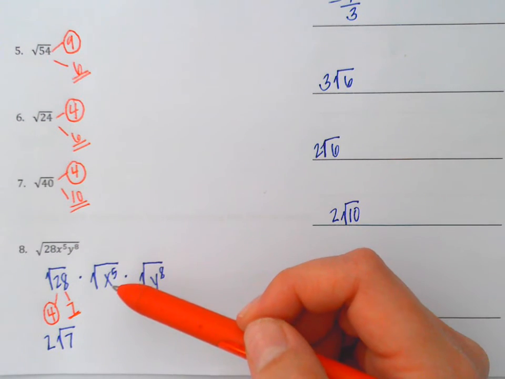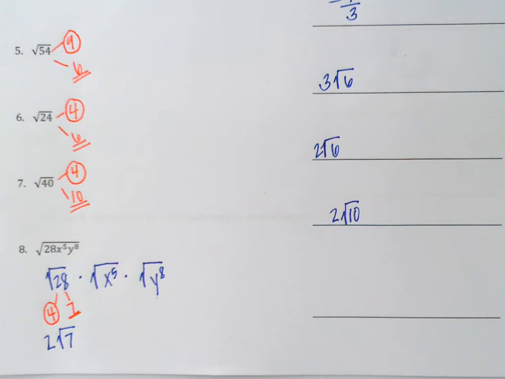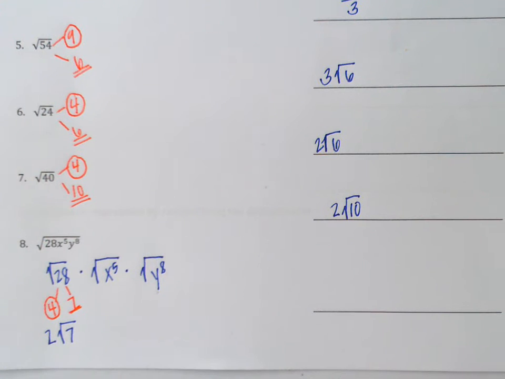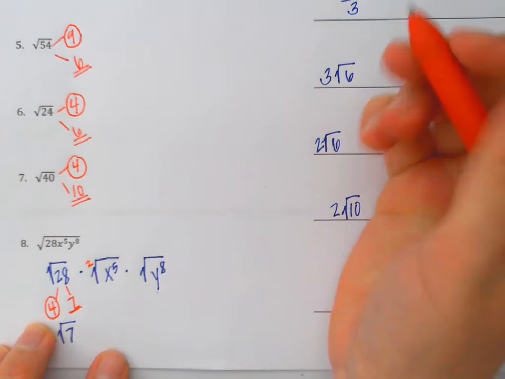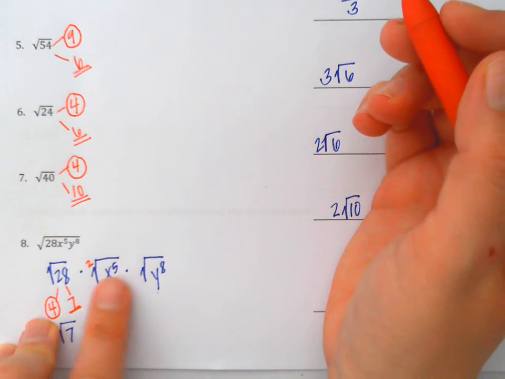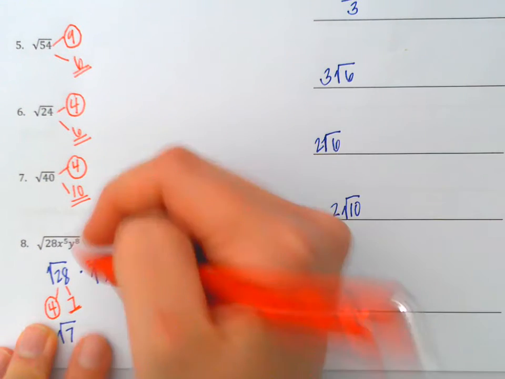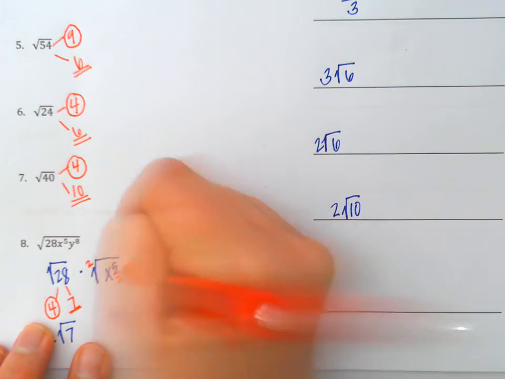And then x to the 5th. Now, x to the 5th is going to be one of our exponents. So you can think about it in two ways, and I'll show you the two ways, one way here, one way here. What I do is I think about what's my index number on a square root. Well, my index number is 2. Because it's a variable with an exponent on it, I can take the 5, the exponent, and divide it by 2.